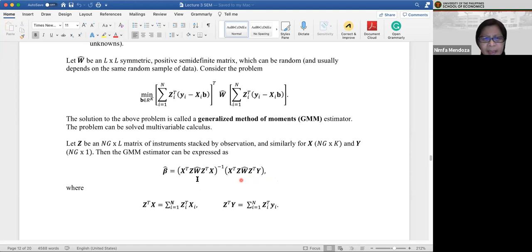Note that this is again similar to the OLS formulation. Our OLS formulation is X transpose X inverse X transpose Y, except that now we have this middle term C W hat C transpose.